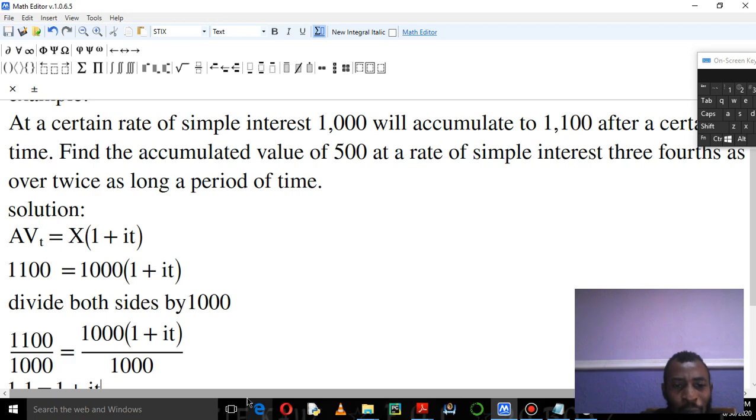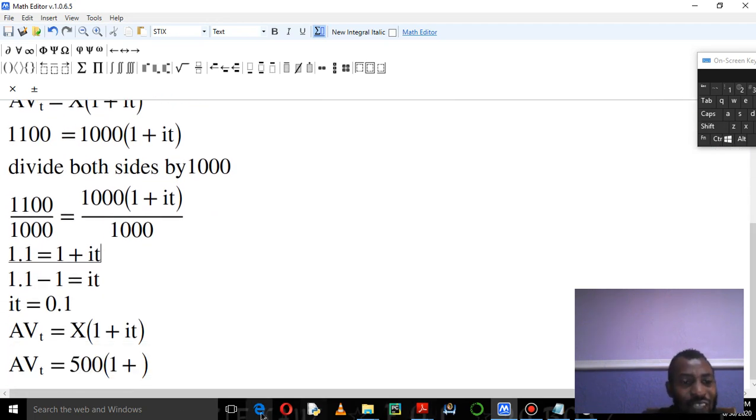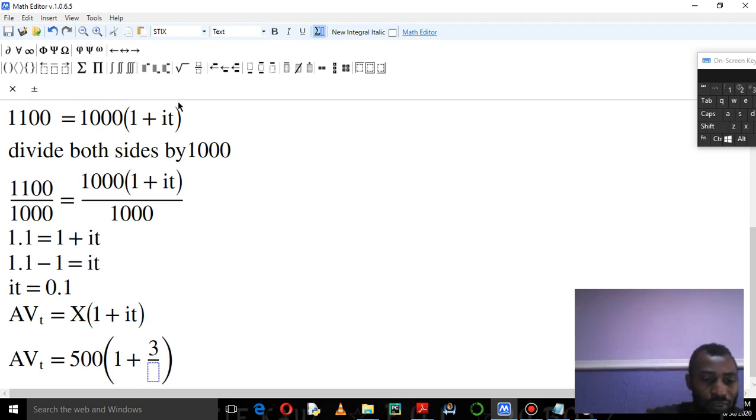So at a rate of simple interest 3/4 as great, what this means is 3/4 multiplied by I. So this means 3/4 multiplied by I. So this is the meaning of 3/4.